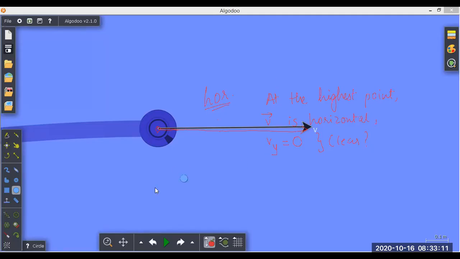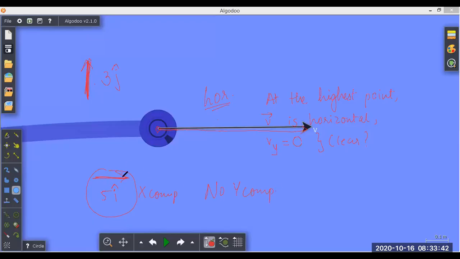Again, see, if you would consider a vertical vector, then that would be something like 3j caret, isn't it? And suppose you consider a horizontal vector, then it would be something like 5i caret, let's say, correct? So this is only having x component and it has no y component, right?